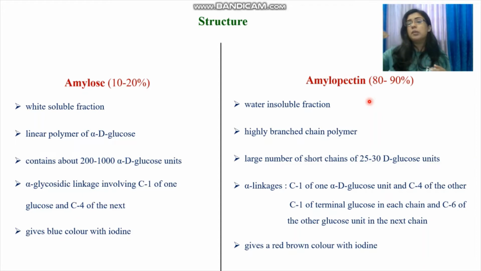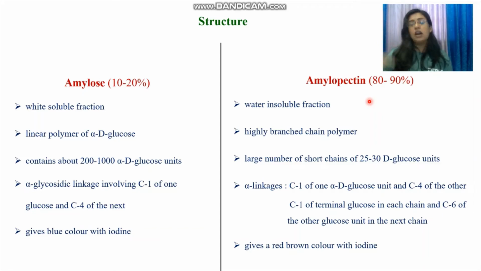Also, for forming the branches, the next type of linkage is also an alpha linkage, which is between the first carbon of a terminal glucose in one chain, and the sixth carbon of a glucose unit in the next chain.